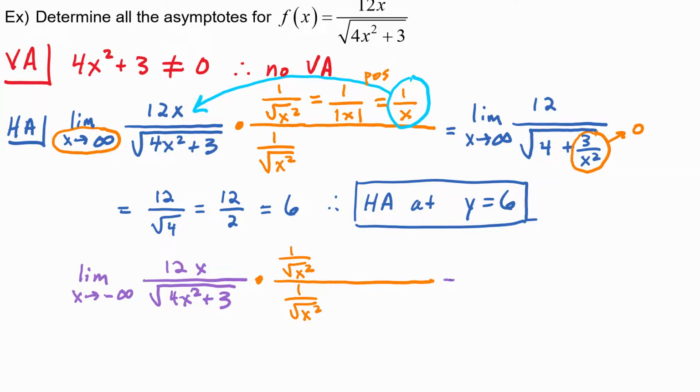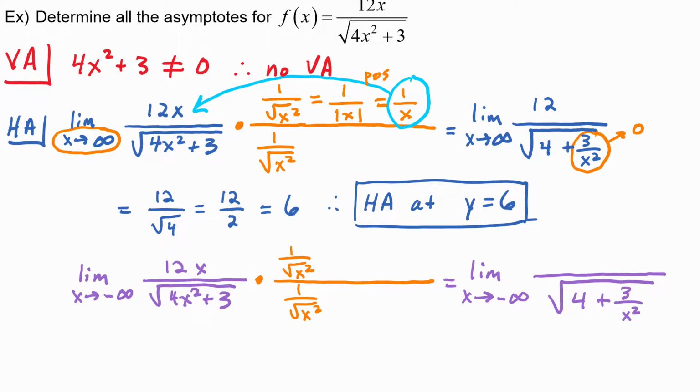Now in the denominator, this is an easy one to do. We've got our limit, x is going to negative infinity. Both this term and this term are under the radical, so 4x squared over x squared is 4 plus 3 over x squared.